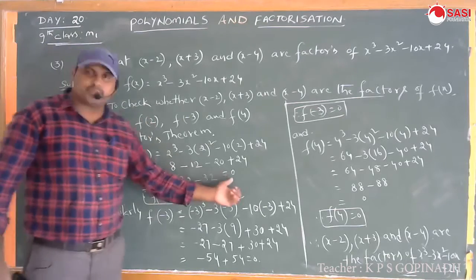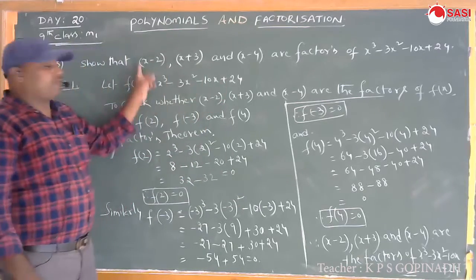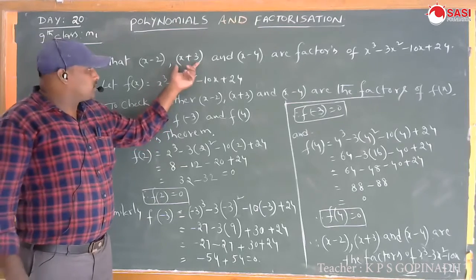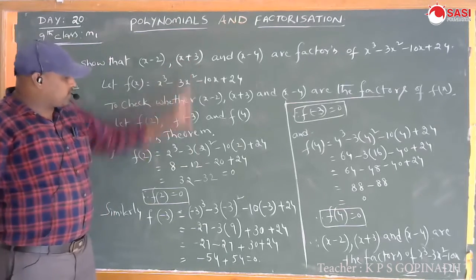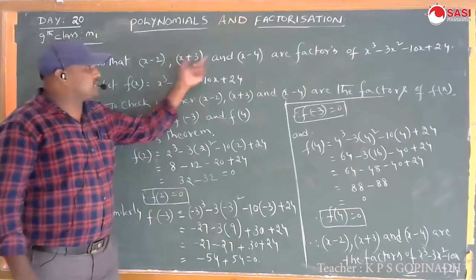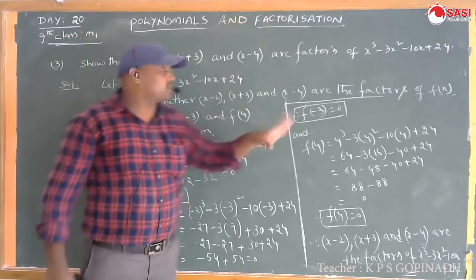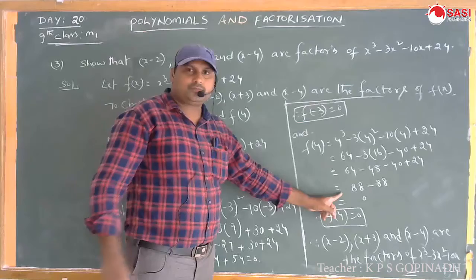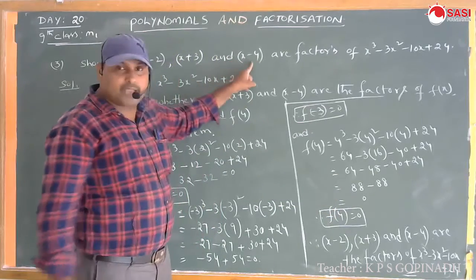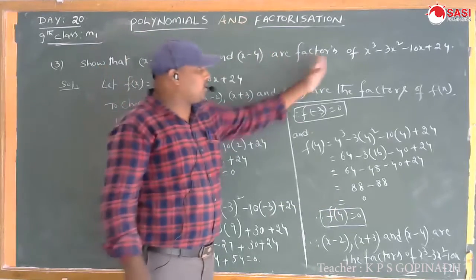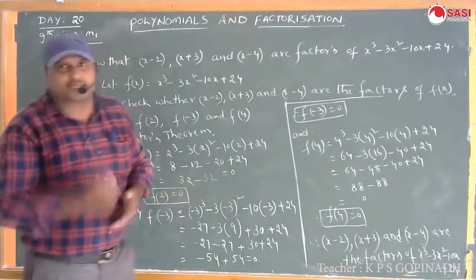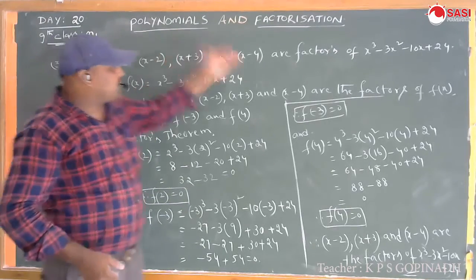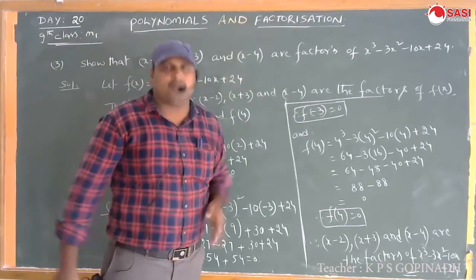F of 2 you got 0 means x minus 2 is a factor of f of x, and x plus 3, so if f of minus 3 got 0 means then x plus 3 is a factor of given f of x. Similarly, f of 4 equal to 0 means x minus 4 is a factor of f of x by using factors theorem. So here x minus 2, x plus 3 and x minus 4 are the factors of given polynomial.